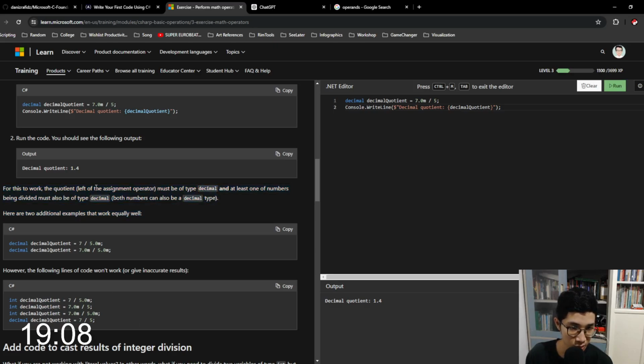Okay, quotient must be of type decimal, and at least one of the numbers being divided. My focus sometimes drops, sometimes good, sometimes bad, sometimes best.